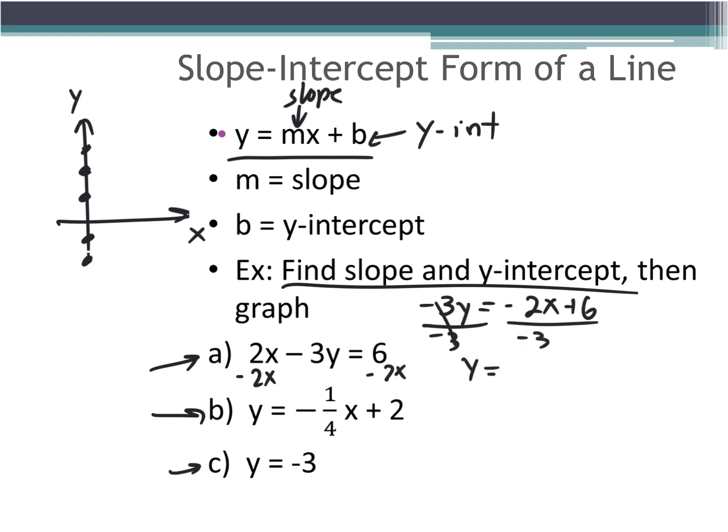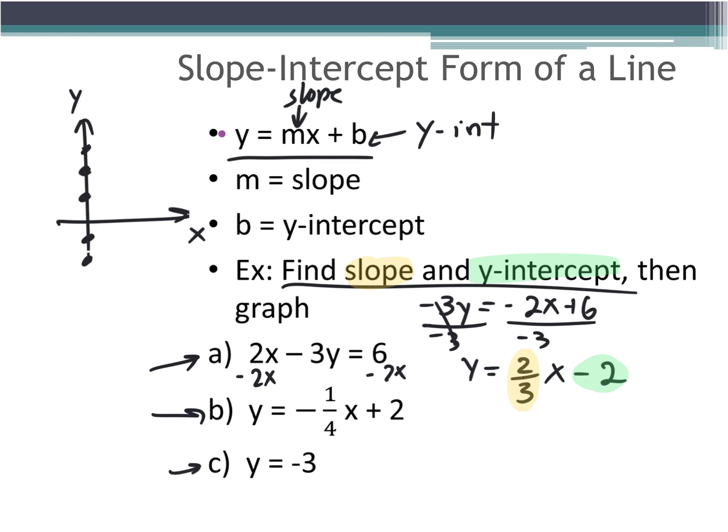So we're going to get y = 2/3x - 2. I'm going to do it by color. I'm going to highlight the slope in yellow and the y-intercept in green. So the slope is 2/3, and the y-intercept is -2.